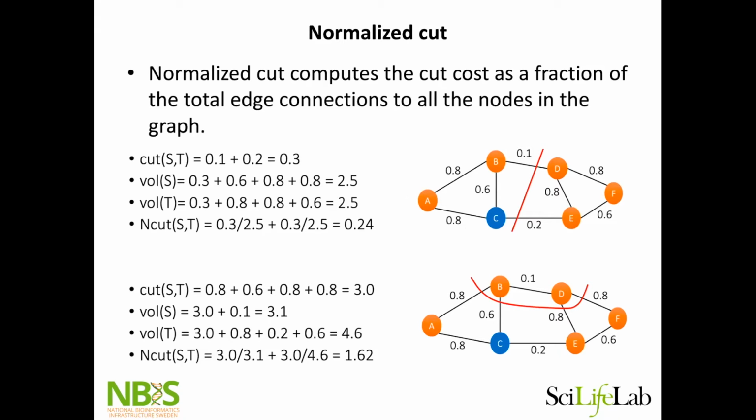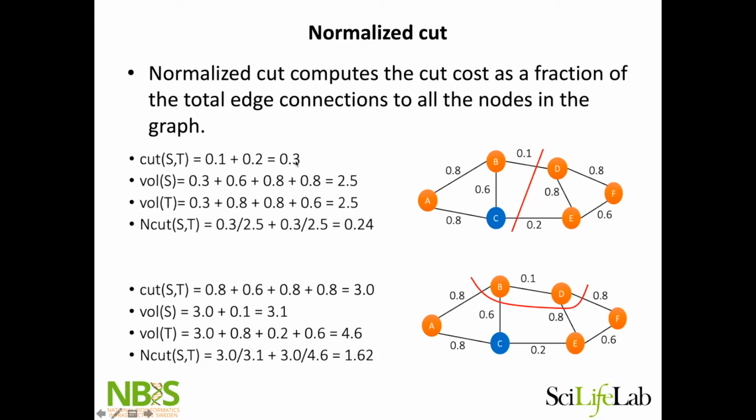So we use something called normalized cut, which is basically the cost of cutting here as a fraction of the total edge connection. So basically the cut here would split two edges here with 0.1 and 0.2.